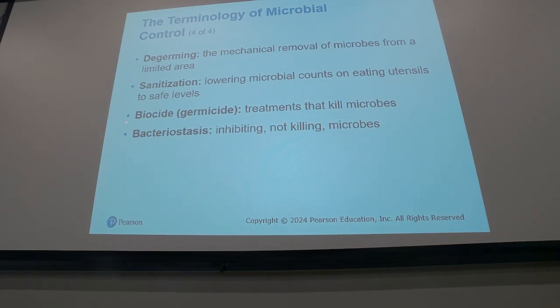So the ones that kill the microorganisms end in this ending -cide, and the general name can be biocide or germicide. So that's for killing microbes. Now, for preventing the growth of microbes, it is bacteriostatic agents.